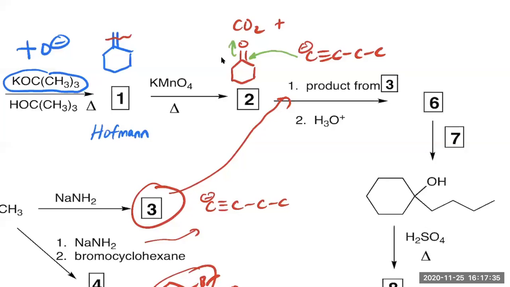Electrons go up onto the oxygen and form an O minus. And then we do H3O plus and protonate it. So number 6 is going to be this. 6-membered ring, the OH from what was the ketone, and then a C, triple bond C, with 2 carbons attached. It looks just like that.